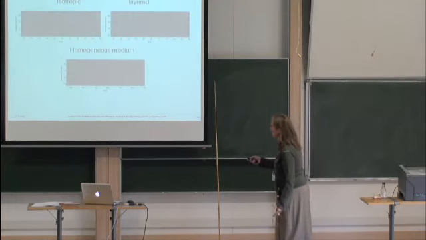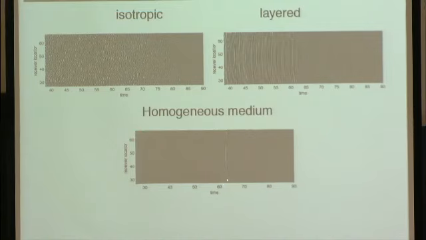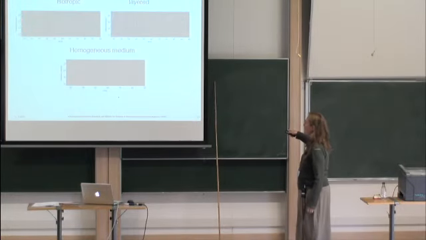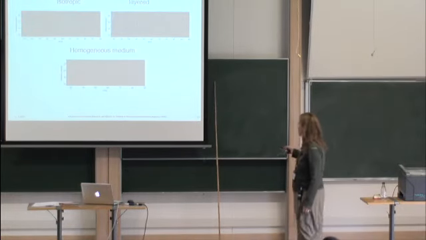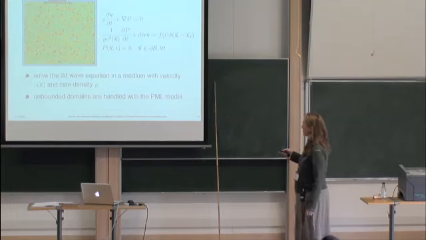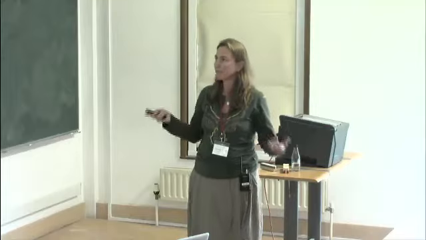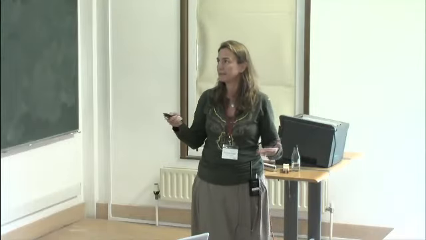You see 0, 0, 0, and at some time you will hear a blip. This is the reflection that comes back, and the time of arrival corresponds to the time that the wave needs to go from the source down to this point and back to the receiver. This is what happens in a homogeneous medium.